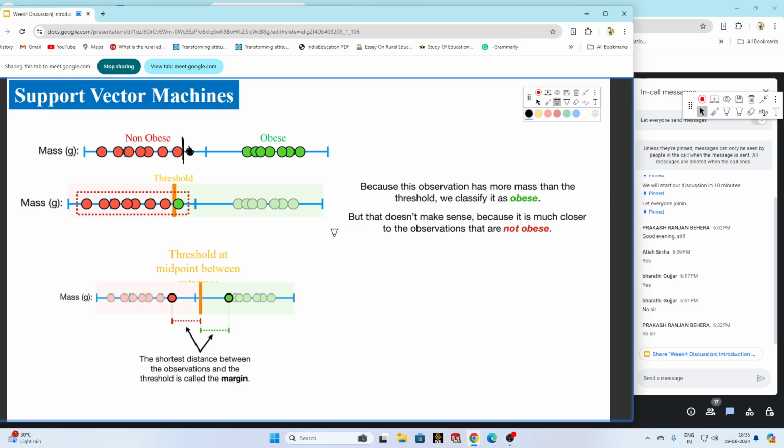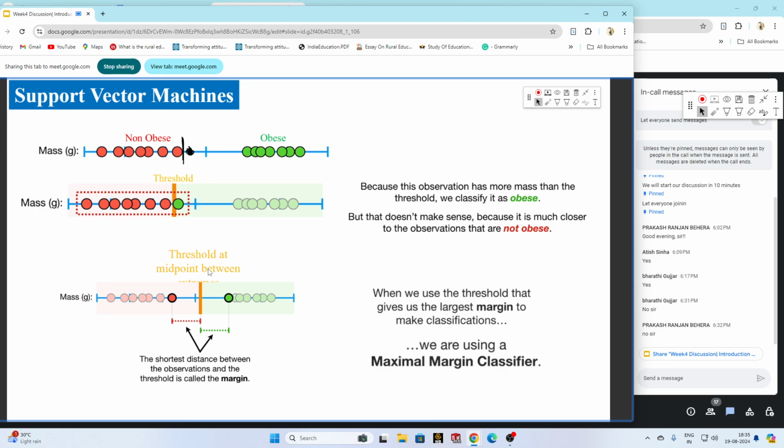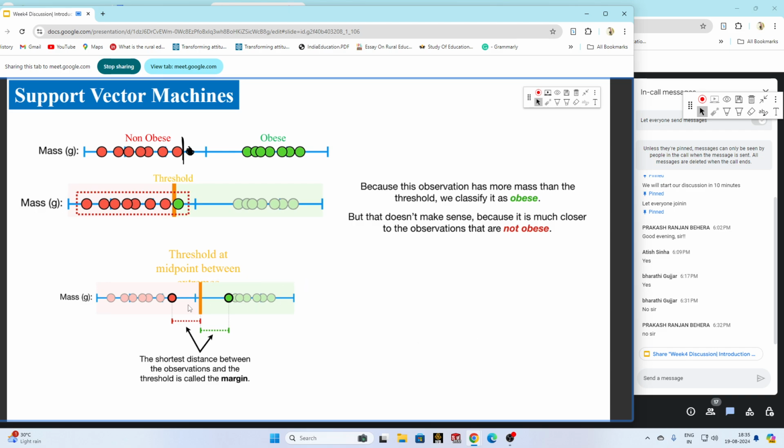So how to deal with this kind of problem? We can deal with it by putting the threshold in between the two extreme points. Now if we put our threshold exactly between the two extreme points and take a data point here, we can term it as non-obese.